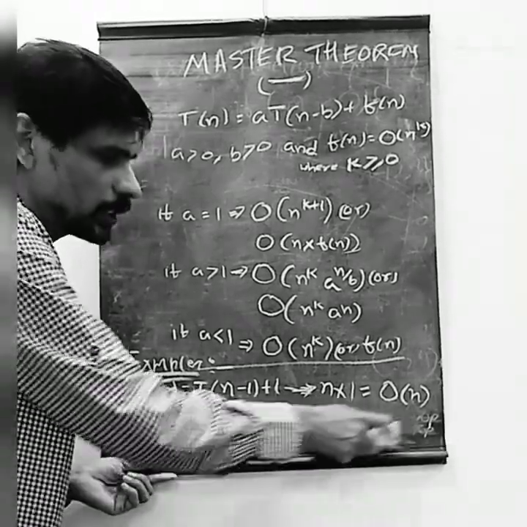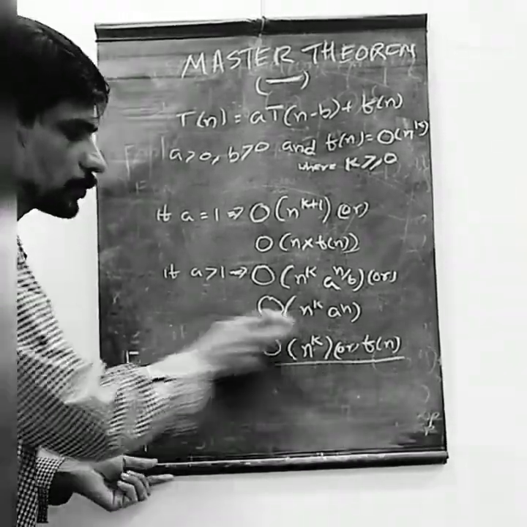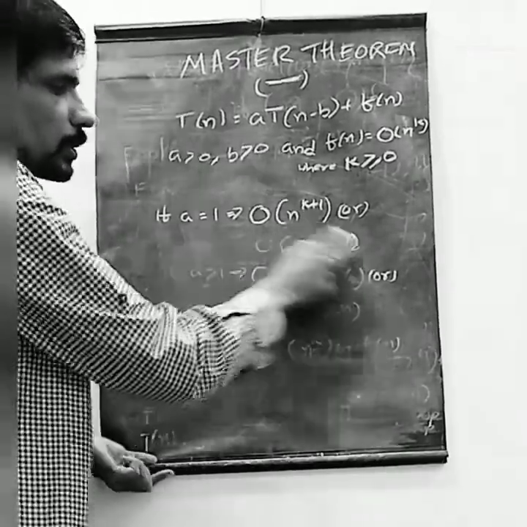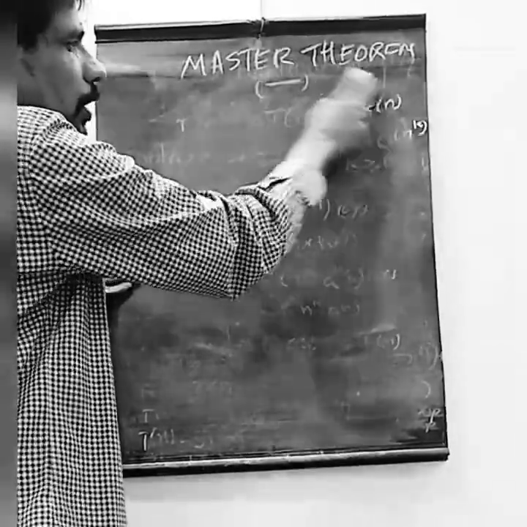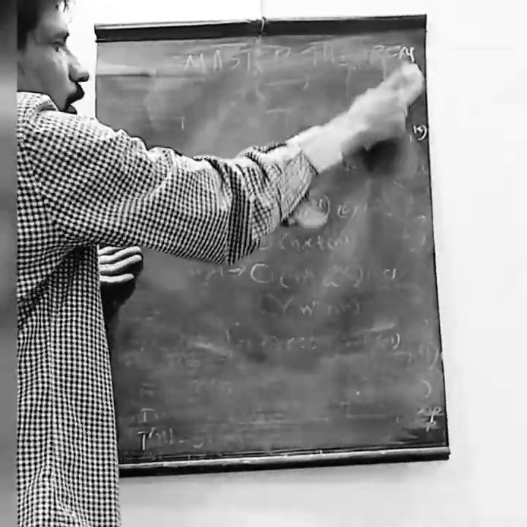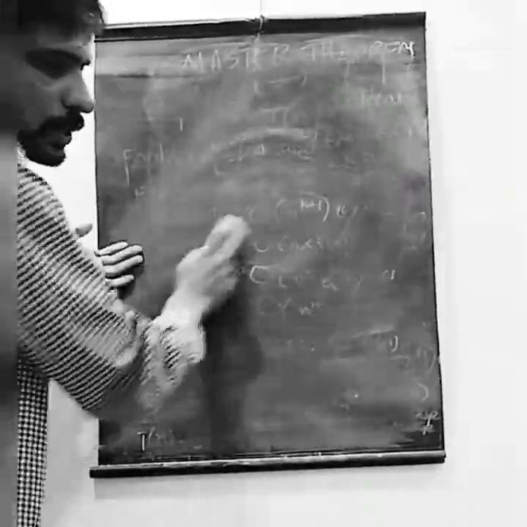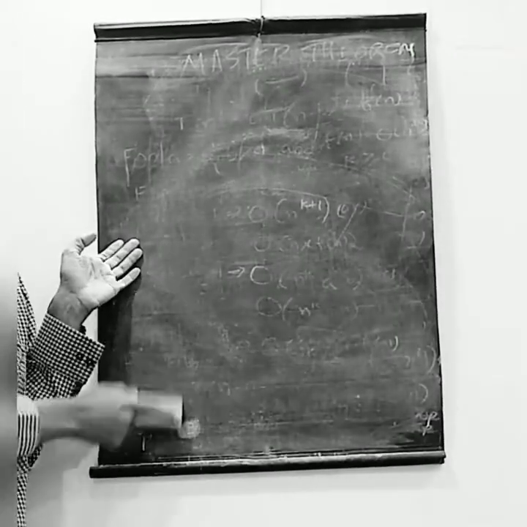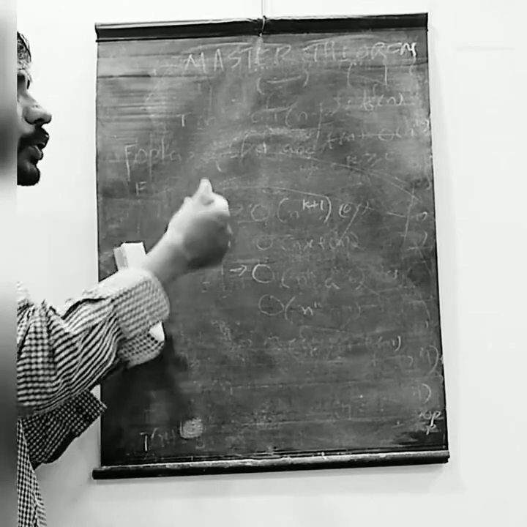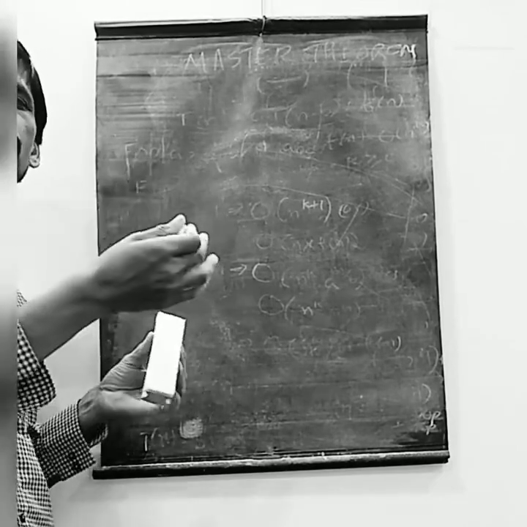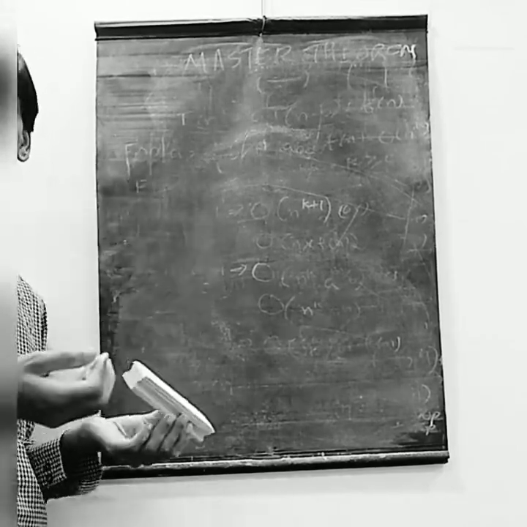So now we learned about recursive programming, how to calculate the complexity of recursive programs for decreasing order functions, right? Now we will see the same program, but instead of n minus 1, we will call with n by 2.